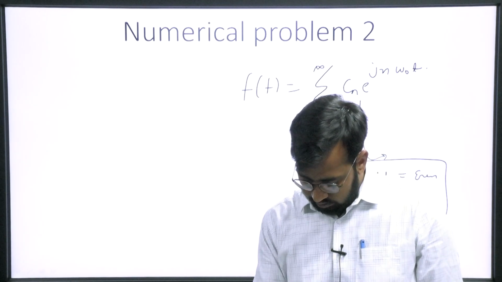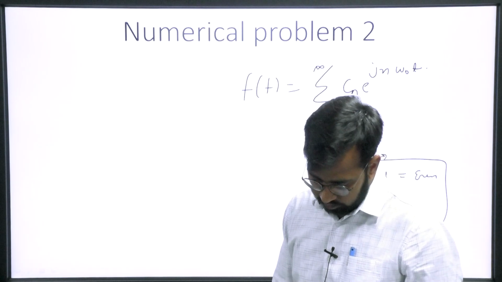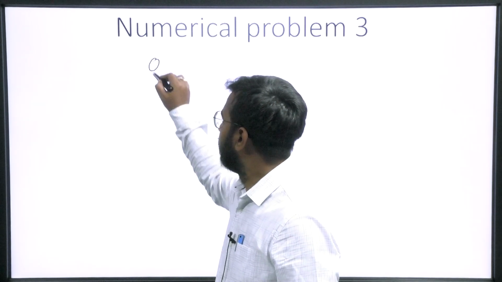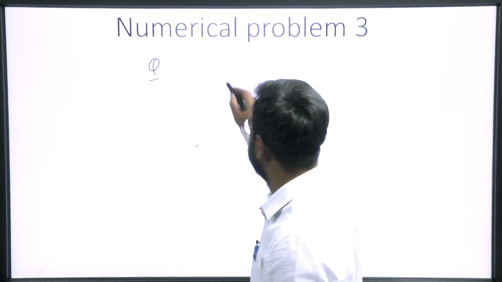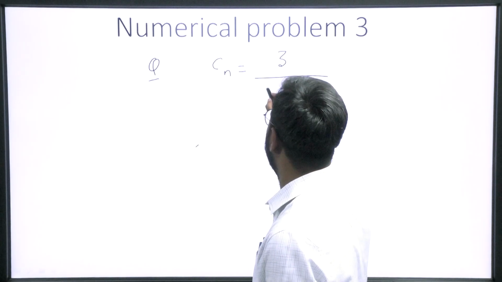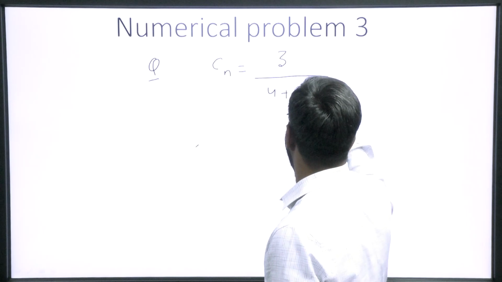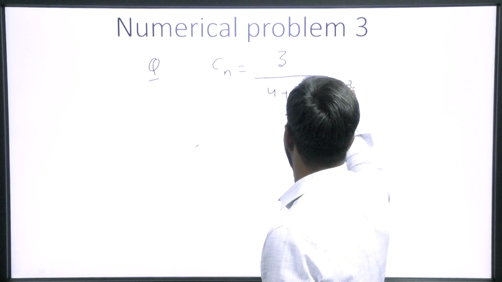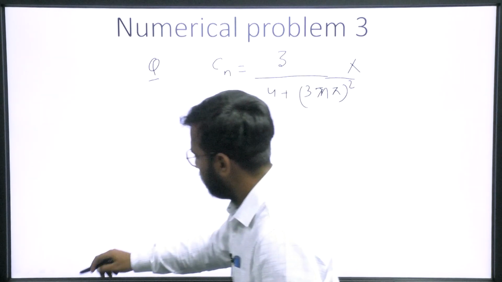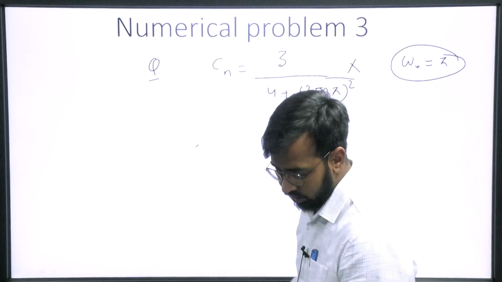Again, let us see one more problem, okay. Now, see, suppose we have one problem in which Cn is given. What is Cn? Cn is equal to 3 upon 4 plus 3 n pi square into this much, and omega naught is given, omega naught is equal to pi.